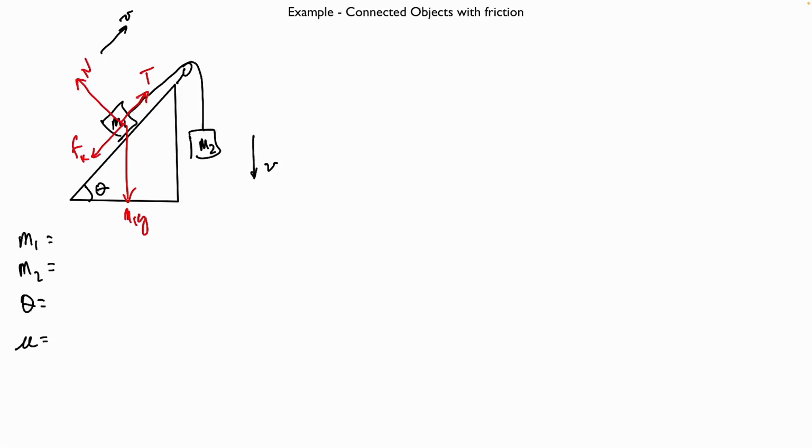If M2 were really, really big and that tension were really, really big, then there's a lot of pull coming up the slope by the tension. What will static friction try to do? Counteract it to keep it from sliding up. But what if mass 1 were bigger than mass 2? What if the tension were not enough to keep this thing held up against gravity? Static friction could flip and go the other direction.